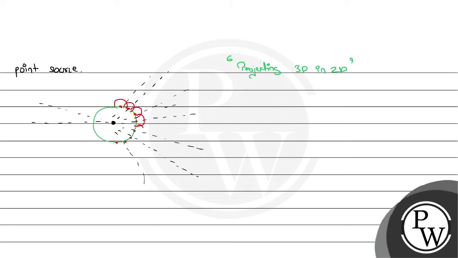These are the spherical waves. Since we are doing it in 2D, it seems to be a circle. So these are the wavelets. These are the spherical wavelets we were talking about.